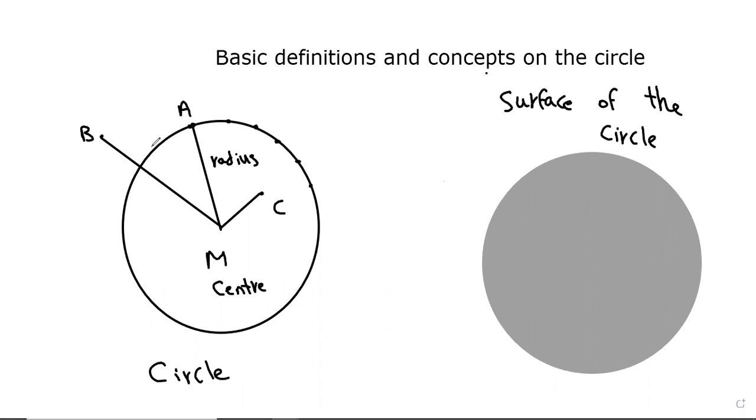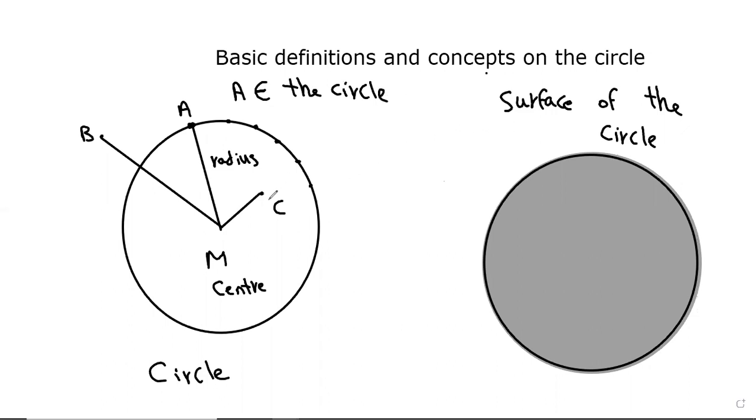And the surface of the circle contains the closed curve and all points inside this circle. So here, if I'm talking about the point A, for instance, the point A belongs to the circle.